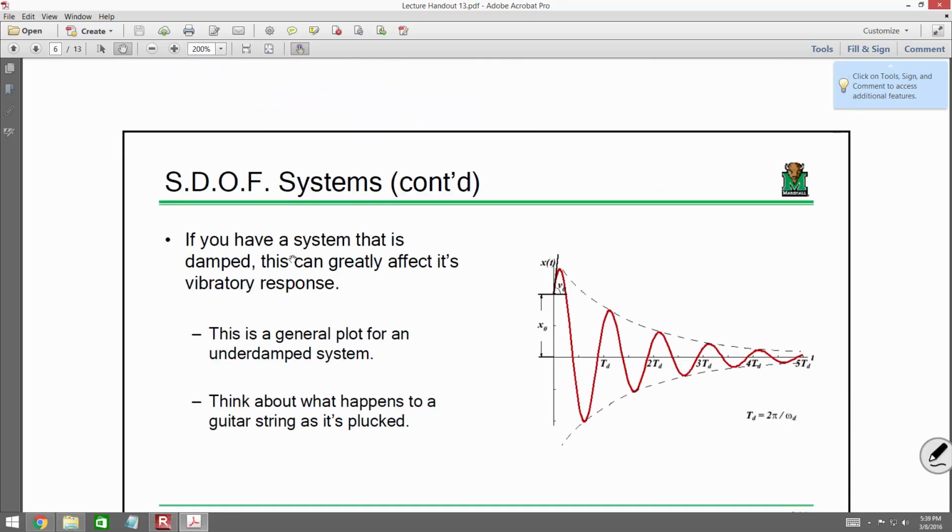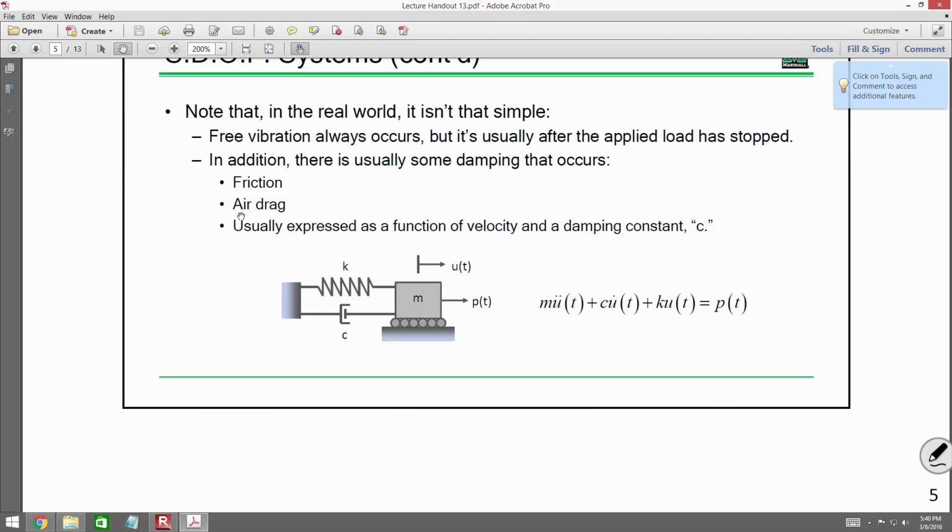It almost looks something like this. In other words, over time, the amplitude of those oscillatory waves just decreases. And if this were to stretch out to infinity, theoretically, it wouldn't move at all. That's what's really going on, and that's a little more of a realistic approach.